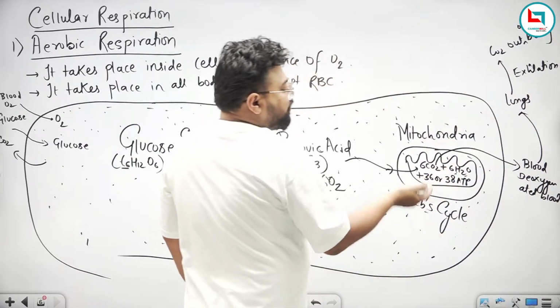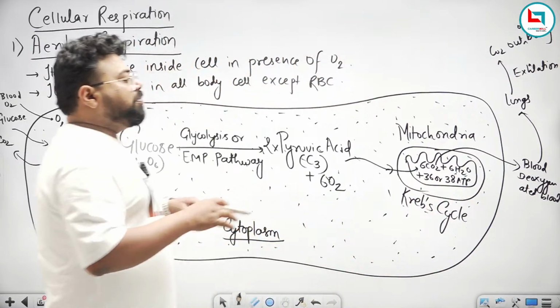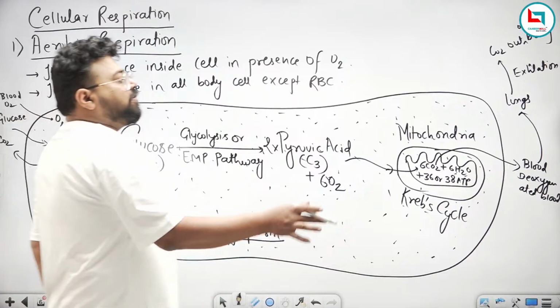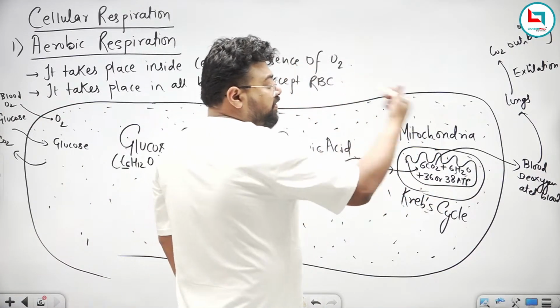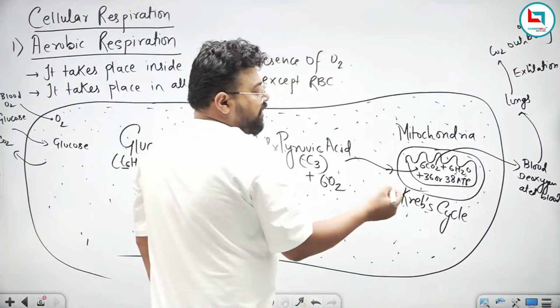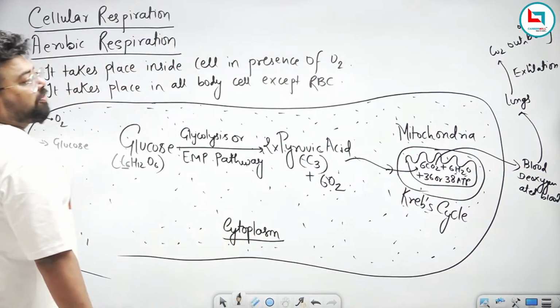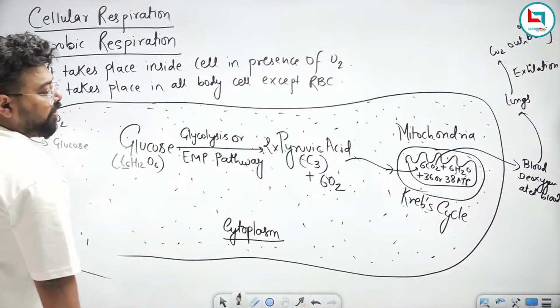This water is used up by the cell, and these 36 or 38 ATP are the molecules which are required by every cell or every organ of the body to execute their function. So every cell or every organ inside them starts synthesizing some currency. These currencies are ATP, and through the expenditure of these ATP, those cells or organs perform their function.